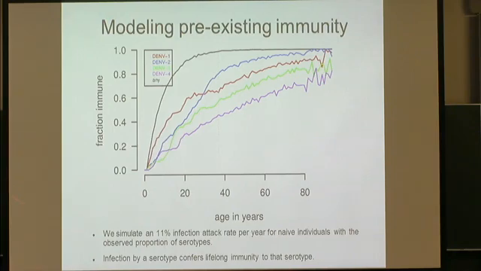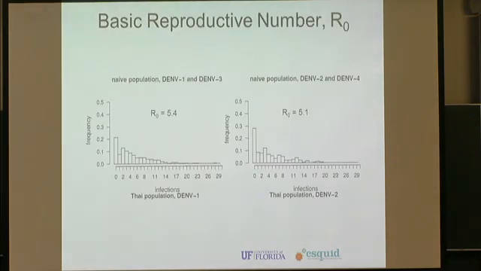You can see, for example, this curve showing the proportion as a function of age who are immune to at least one serotype. We have a lot of immunity in this hyperendemic area. And of course, this shows each of the serotypes as a function of how they've circulated in past years. So that's basically used as the initial condition for getting the model started.